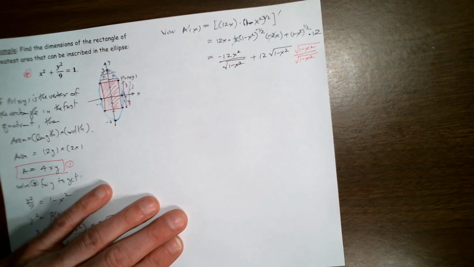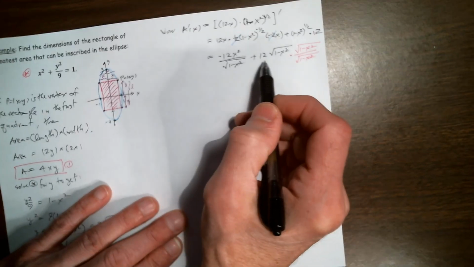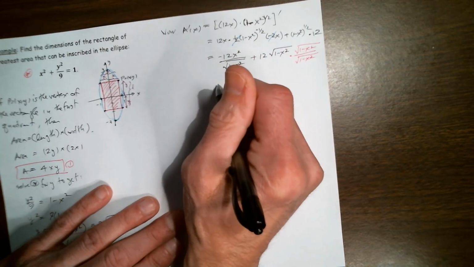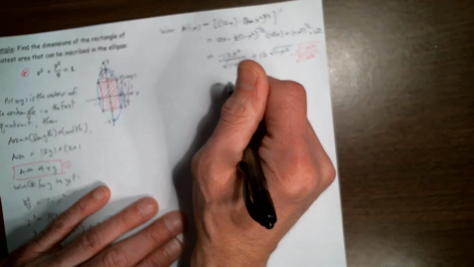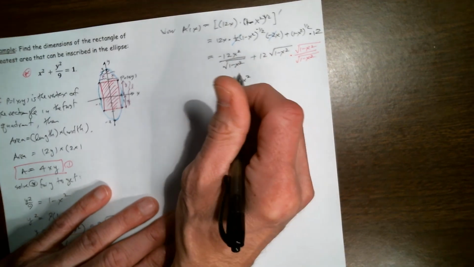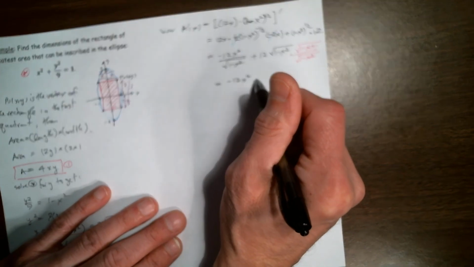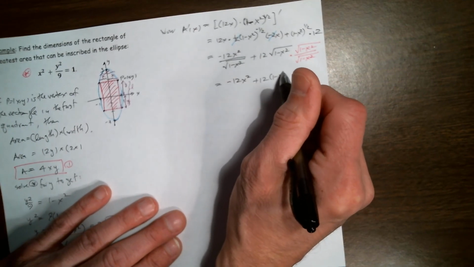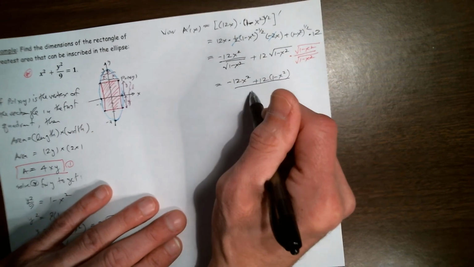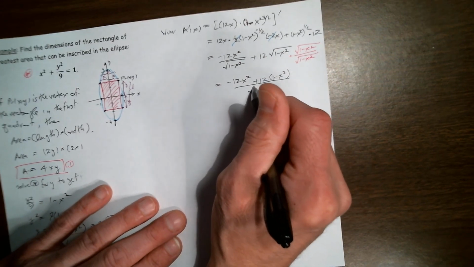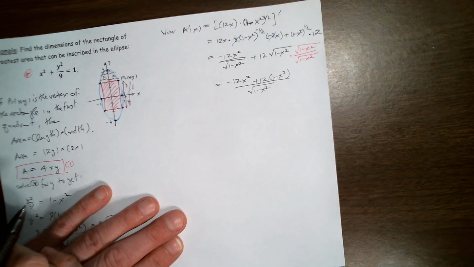So multiplying by root 1 minus x squared over itself the second term in the sum, we now have the simplified formula minus 12x squared plus 12 times 1 minus x squared all over the common denominator of square root 1 minus x squared.